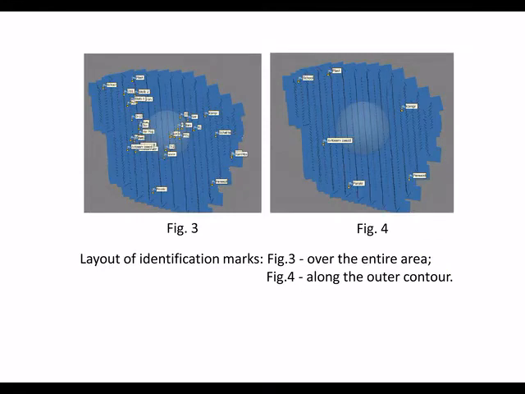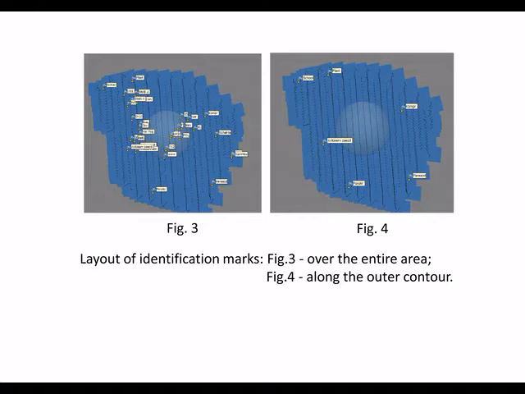The authors investigated the influence of the location of identification marks on the accuracy of determining the spatial coordinates of the studied points. In the first case, all identification marks were included in the processing, and in the second only identification marks located along the outer contour of the site.